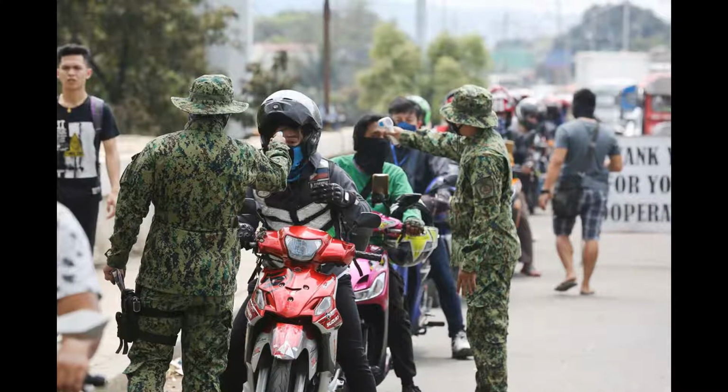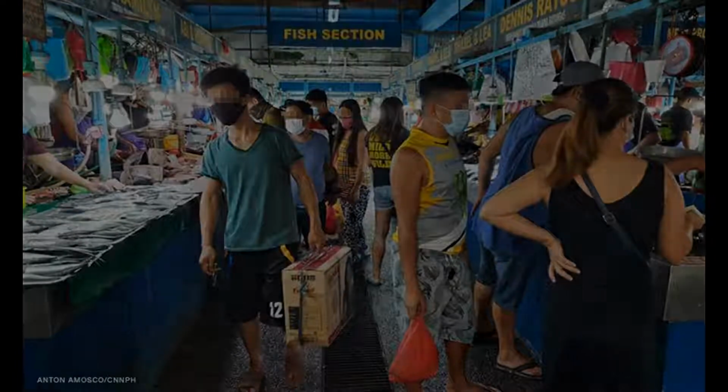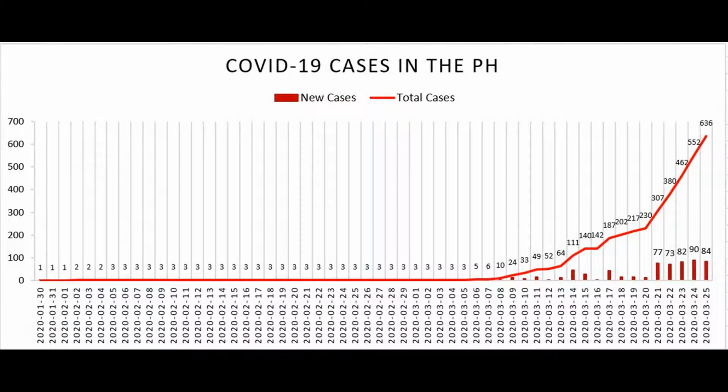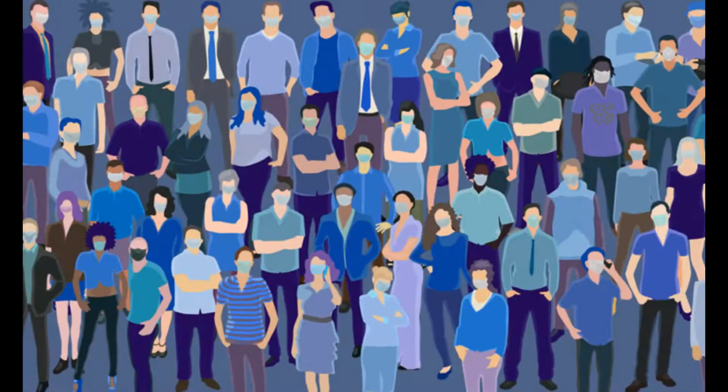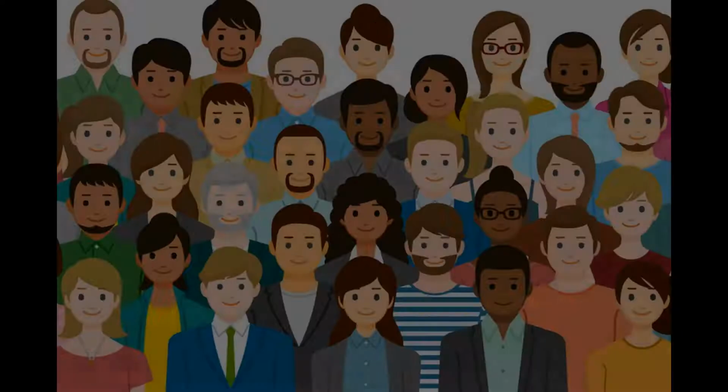So, again, there's a possibility that the spread of COVID-19 can spike up. Di ba? Mag-i-increase po yan. Now, to prevent COVID-19 or even other diseases from infecting more people, para hindi masyadong magkahawaan sa ating mga kababayan, we must break the chain of infection.